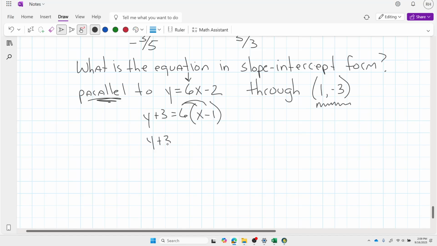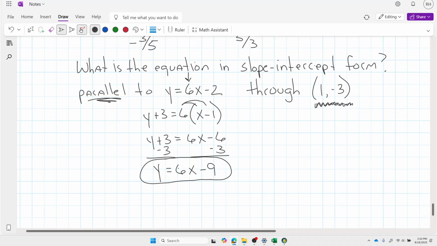So y plus 3 equals 6x minus 6. And then we're going to subtract 3 from each side. So y is equal to 6x minus 9. That would be your equation. Parallel to the given equation because they both have the same slope, but it goes through the point 1, negative 3.